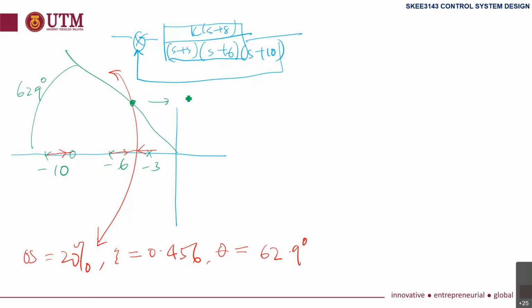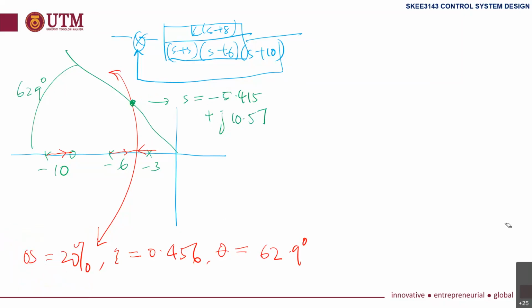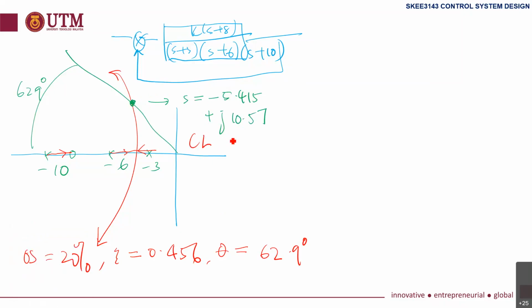If you check, it will be about plus j10.57. I took it from the book. That is the closed loop pole of the original system. Then, as the standard procedure, we need to analyze the original system.